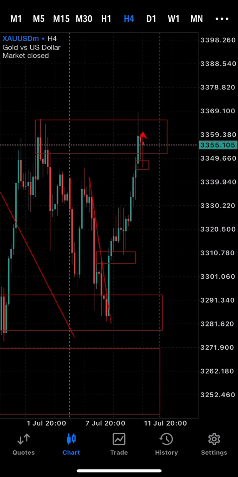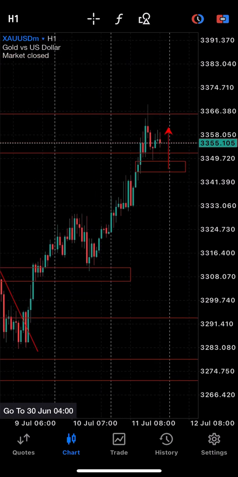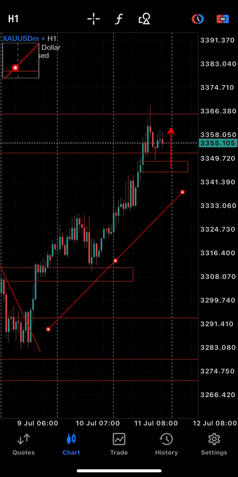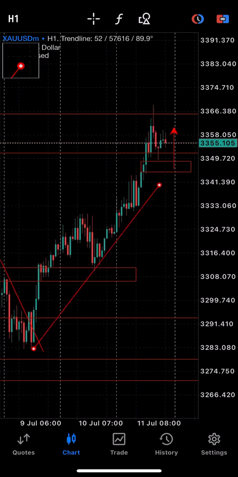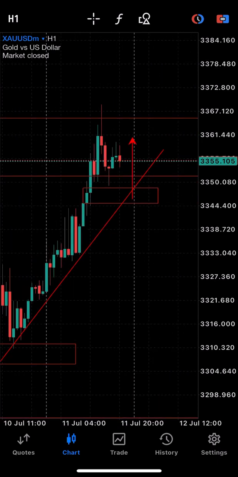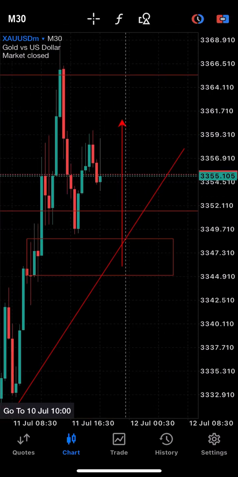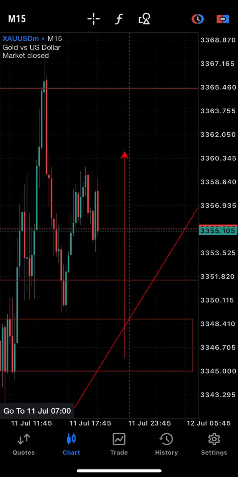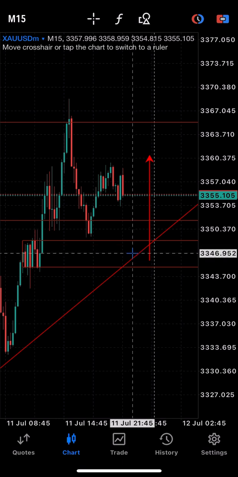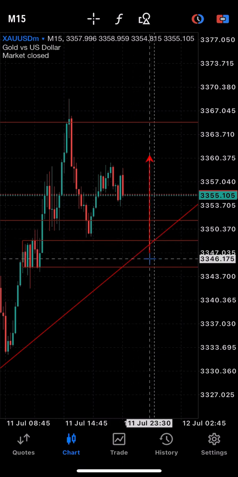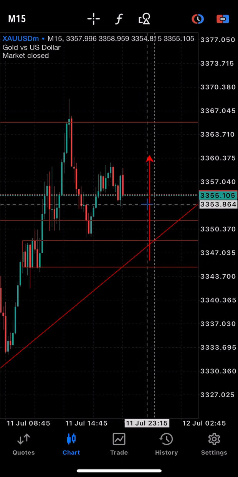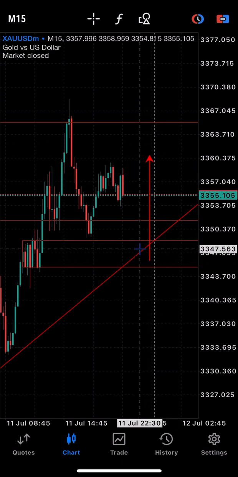So on the lower time frame, I'll be watching this bullish trend around here. On the 15 minute time frame, when the market gets to this demand zone, we'll watch out for a reaction, and if the market gives a rejection from here, we'll enter our buys from this demand zone.